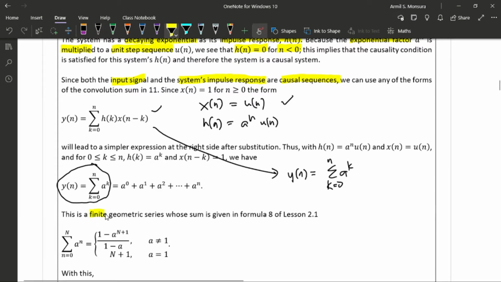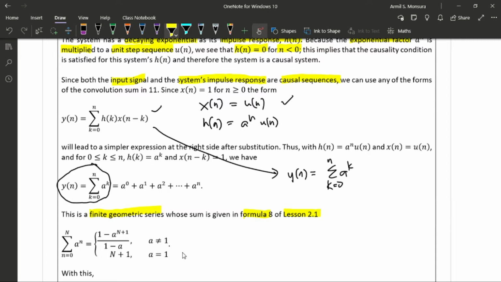This sum, again, is given in Formula 8 of lesson 2.1. Napaka-importante talaga ng formula na to. We have been using this for three times now, siguro, at least 3 or 4 times, in 2 different topics pa. We have used this to compute for energy and power. We are also using this for this one.